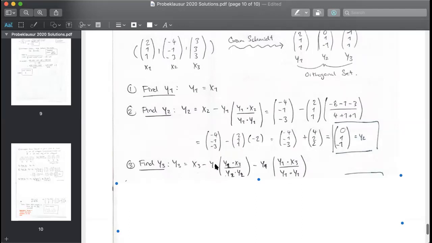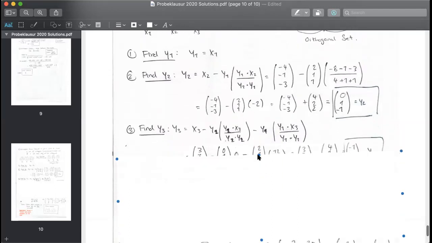Rotated out of y2 means y2 times the dot product of y2 and x3 divided by the dot product of y2 with itself, and then it's y1 times the dot product of y1 and x3 divided by the dot product of y1 with itself. So it looks very similar to this one, right? But instead of starting with x2, we start with x3, and then we rotate it out of y2 as well as y1. And yeah, so apply the formula.